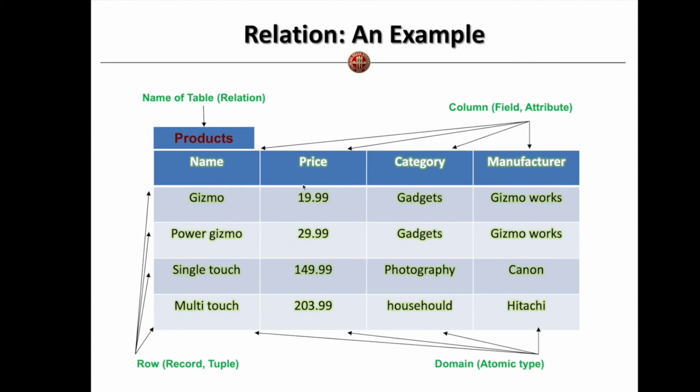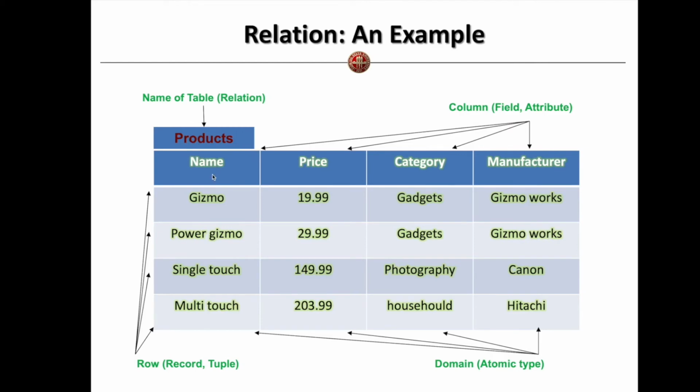The first column, the second column, third one, and the last one. Right. So each column denotes a specific attribute of the relation, the product. So the relation name, together with the attributes, defines the schema of the relation. It indicates the name as well as attributes of the relation.